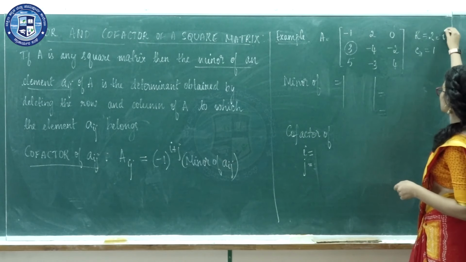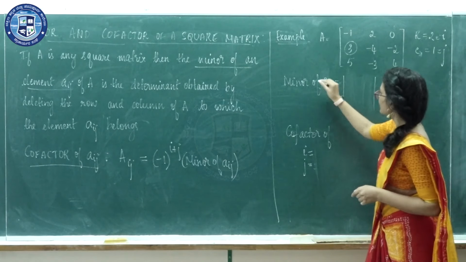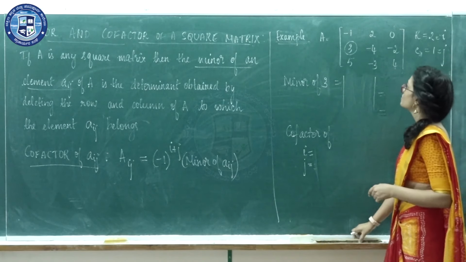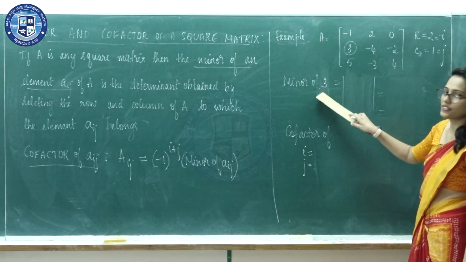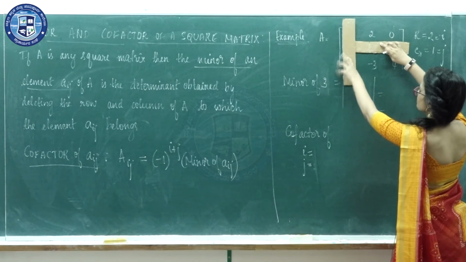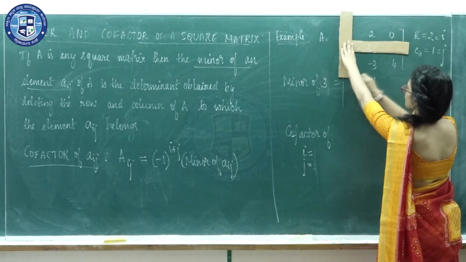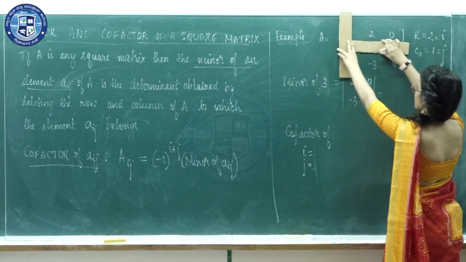So this is nothing but i and j. Okay, so let's find the minor of 3. So we have to delete the row and column in which the number 3 belongs. So second row, first column, and write the remaining terms. So 2, 0, minus 3 and 4.